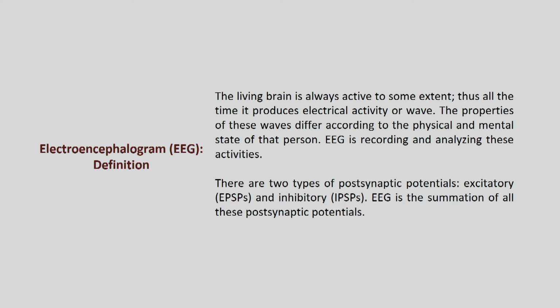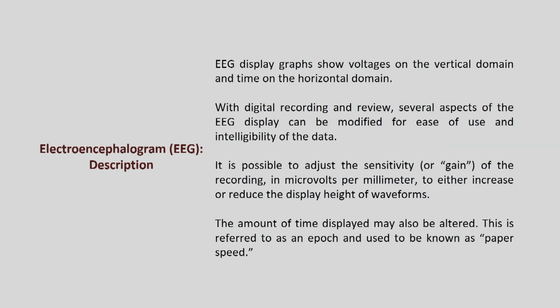There are two very specific post synaptic potentials, one is excitatory, another is inhibitory. Once we record these excitatory and inhibitory post synaptic potentials, we sum them up and we get the EEG recording. So, how this EEG recording looks and what the meaning of all this is, let us understand.